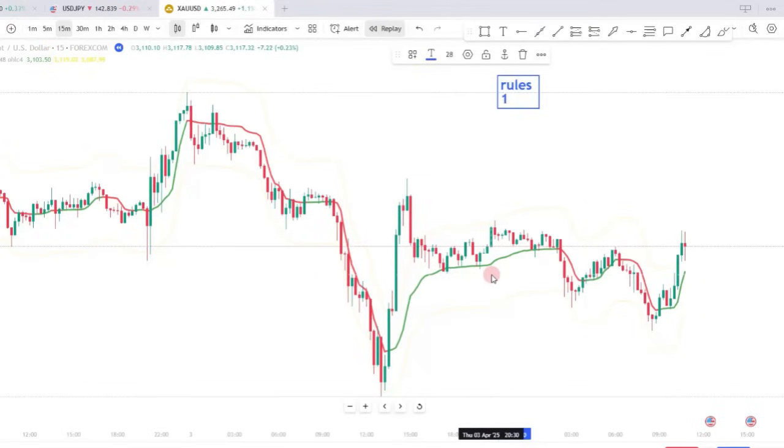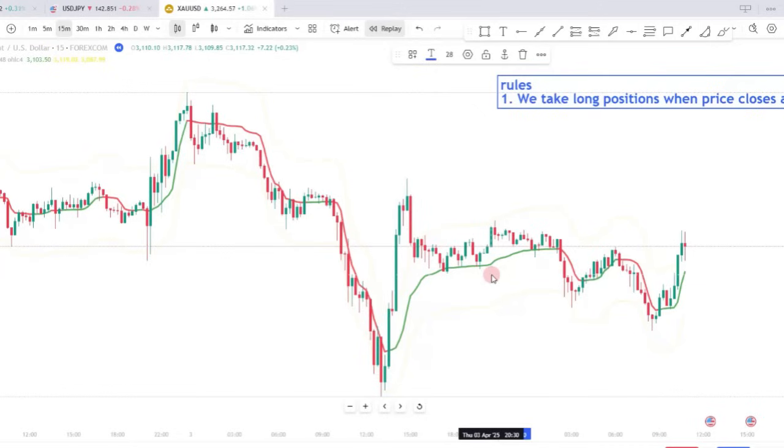And we'll go one. We take long positions when price closes above the comma, which is the moving average, right?